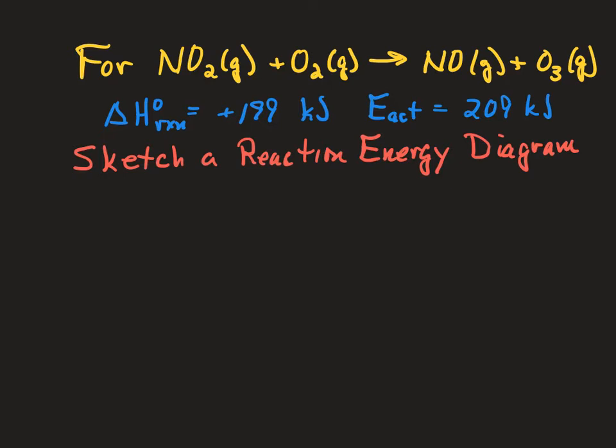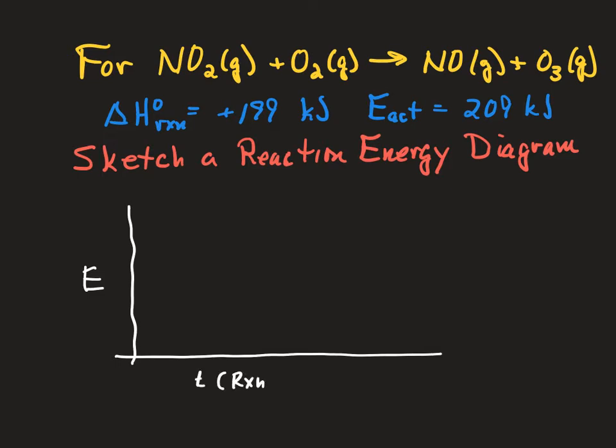So in our reaction energy diagram, right, we've got relative energy on the y-axis, and we've got time, sometimes called the reaction ordinate, on the x-axis, right? A measure of the progress of the reaction over time.